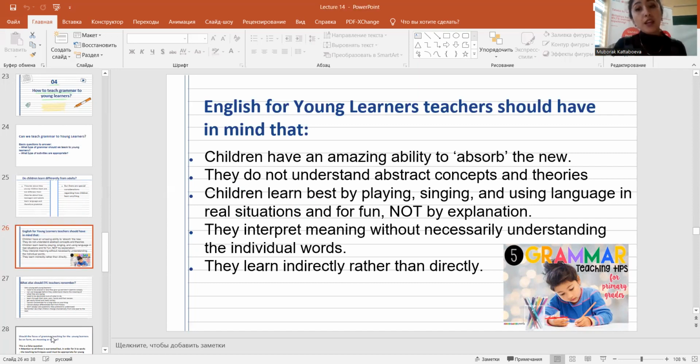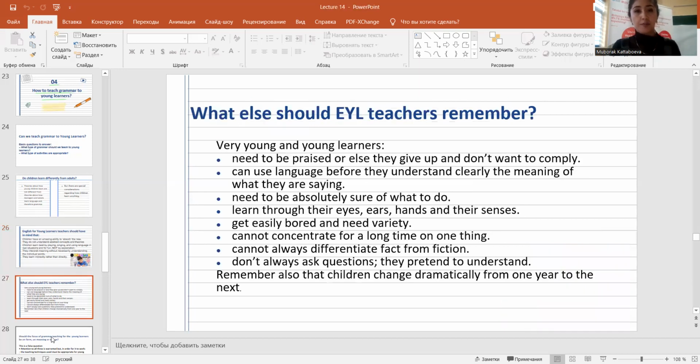They interpret meaning without necessarily understanding the individual words. They learn indirectly rather than directly. So if you think about this, you're teaching grammar, but actually your children are not noticing that you're teaching this grammar to them. So what else these teachers should remember?